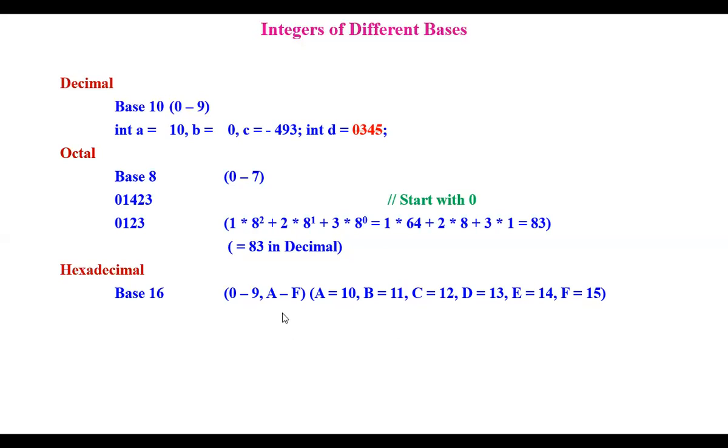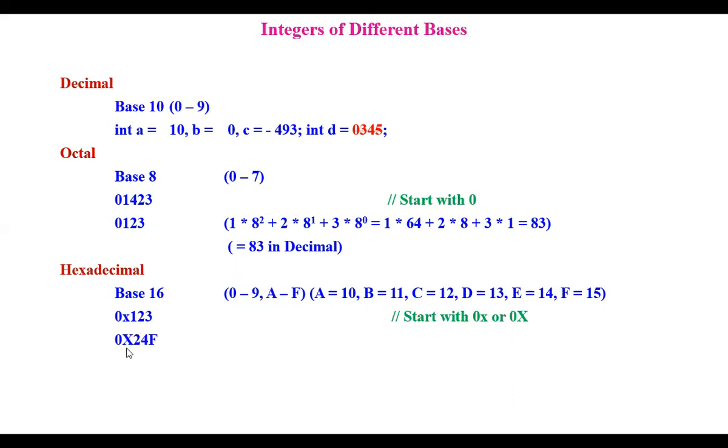Altogether, these are 16 numbers. Now, to indicate a hexadecimal number, we use 0x in the beginning, like we used 0 for octal. 0x indicates that this 123 is in hexadecimal system. It can be 0 with small x or capital X. It doesn't matter. Both can be used.